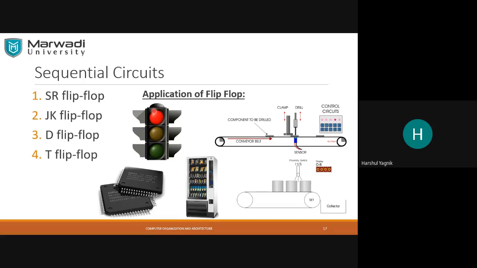Suppose in the present state of the system, there is a red light on, right? So we need a counter to calculate that up till 30 seconds, the red light should be on. And then for 5 seconds yellow. And then we need a memory to store that the previous state was red, not green. So previous state was red.